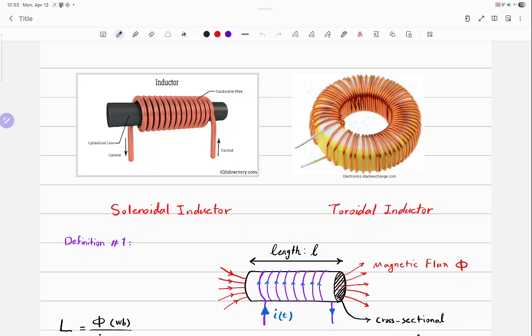And generally, any conductive wire that you have winding around some sort of core can act as an inductor.